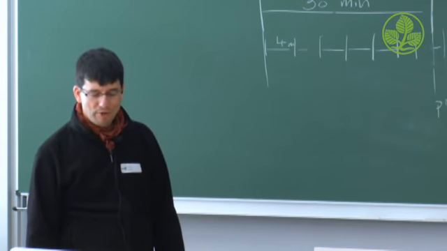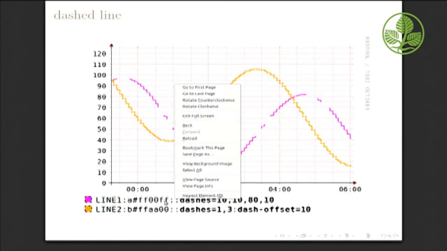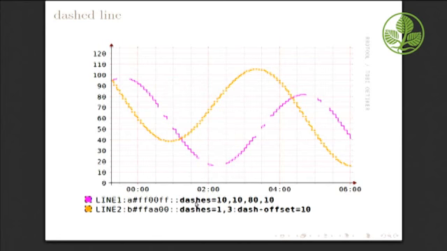RRDtool 1.4 also introduces the concept of named arguments. So you have these line instructions, and then after the name of the data source and the color of the line and an additional argument for specifying a caption for the line, you can give further arguments specifying, for example, dashing.